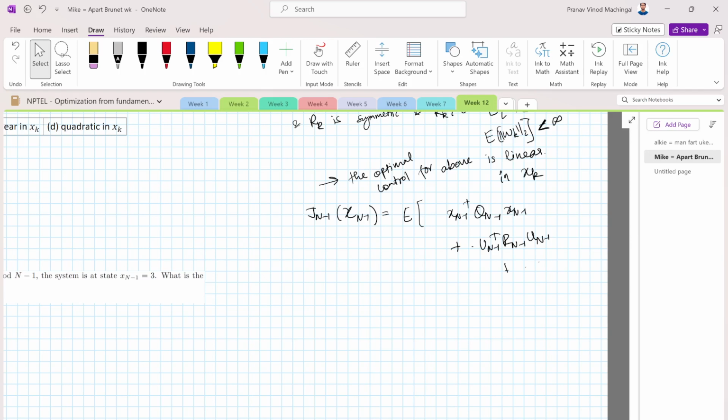Then you will have the remaining terms, and because it's a quadratic, you can take the gradient with respect to uN-1 and set it to 0, and that will result in a linear equation, uN-1 star equal to minus... So this I am directly writing from the notes.